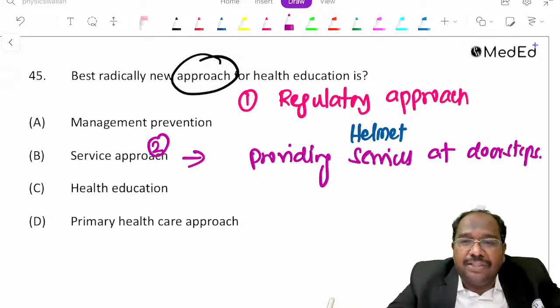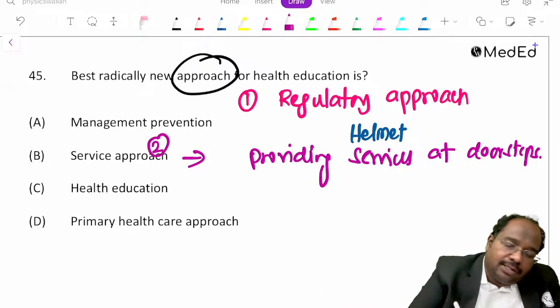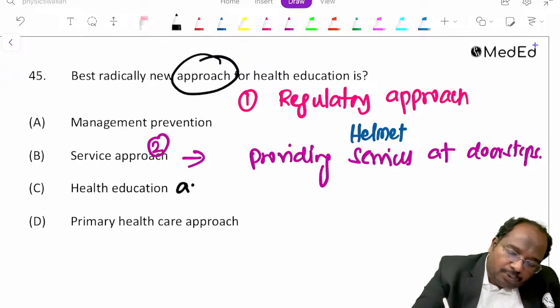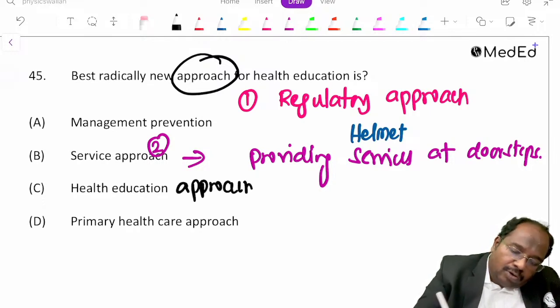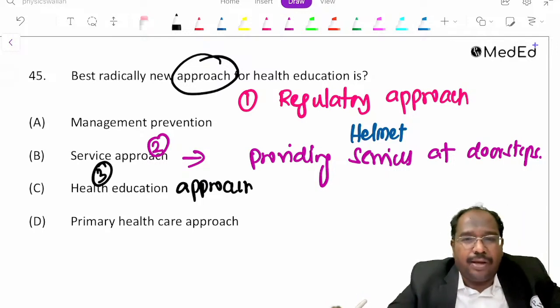That we call a service approach, but people are not using that. Without identifying the needs of the people, they constructed the toilets and gave them. People are not using it. That is service approach. The third is health education approach. That we do.